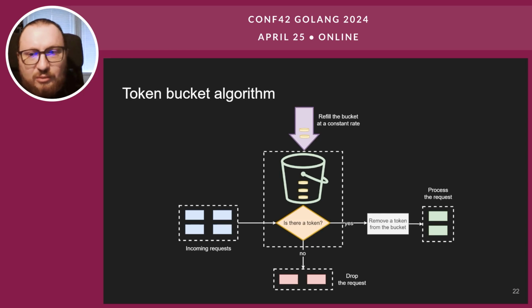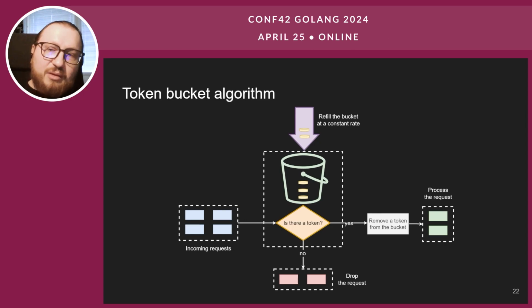The bucket is constantly refilled with new tokens at a constant rate called the refill rate, which defines how quickly the bucket refills with tokens over time, for example 10 tokens per second. Therefore, the refill rate controls the average rate at which requests can be processed.